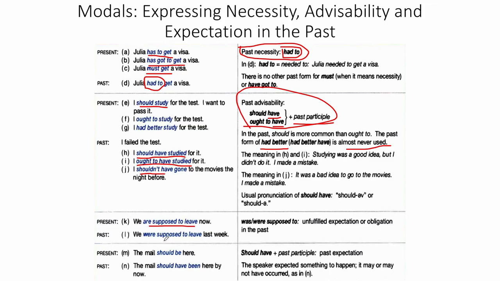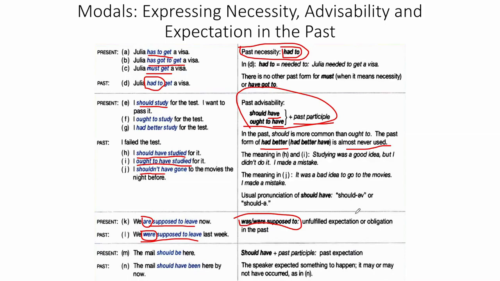Now, the way you can express expectation in the past for this type of modal, you simply conjugate the auxiliary be and put it in the past, and then you say we were supposed to leave last week. Was, were, supposed to is the form for expressing expectations in the past.